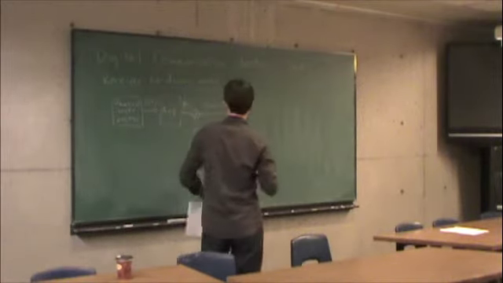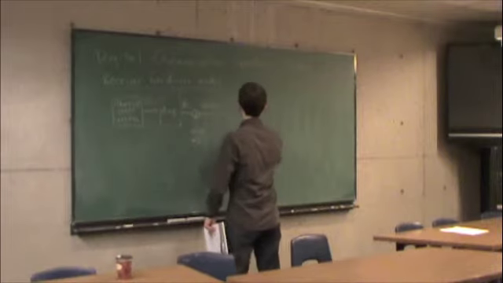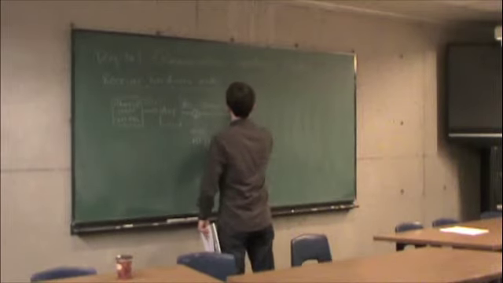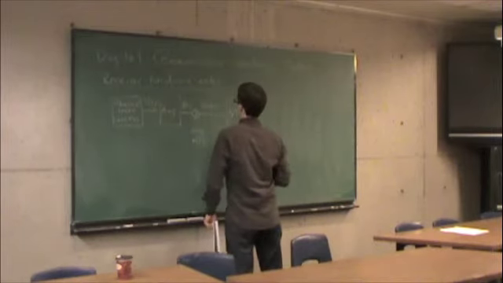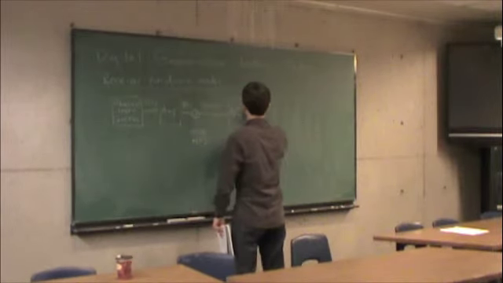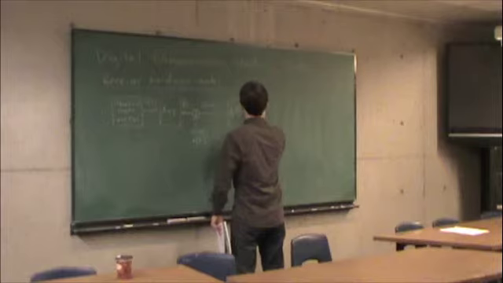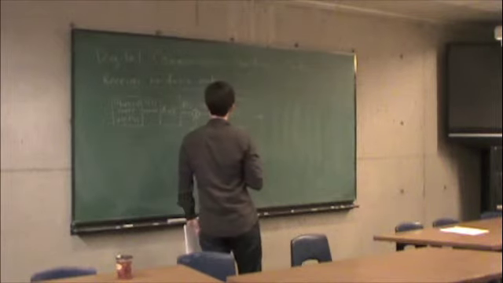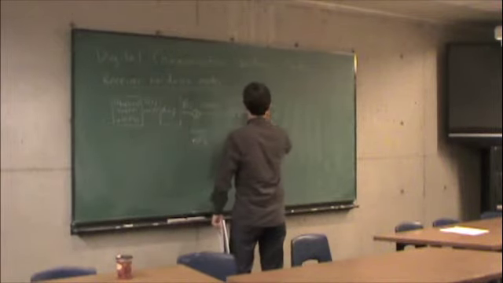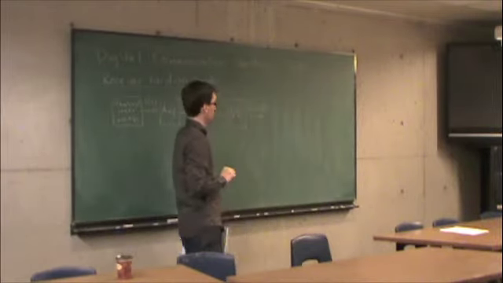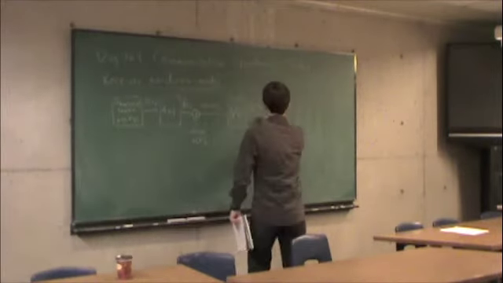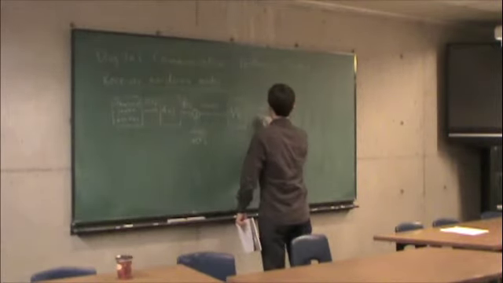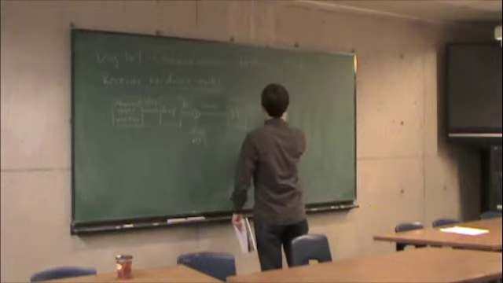And then we hit analog to digital. At the output of analog to digital, we have samples f[k] of the signal and n[k] of the noise. We pass that along to demodulation.